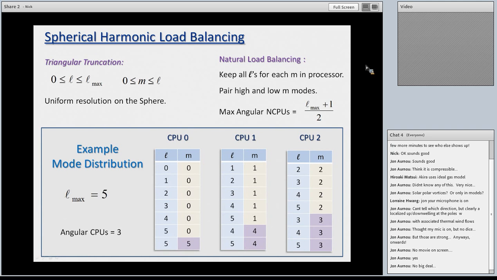You can see that you can keep the same number of modes on each core. The drawback there, or it's not really a drawback, it just means that you have a certain limit in your load balancing, and that's that the maximum number of CPUs you can distribute modes across is something like L max over 2.